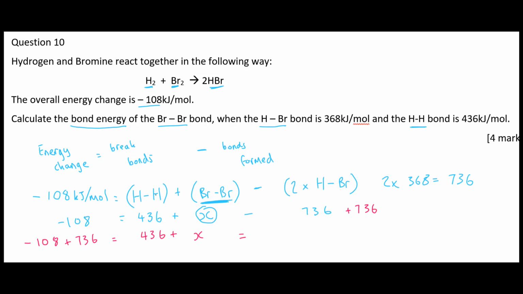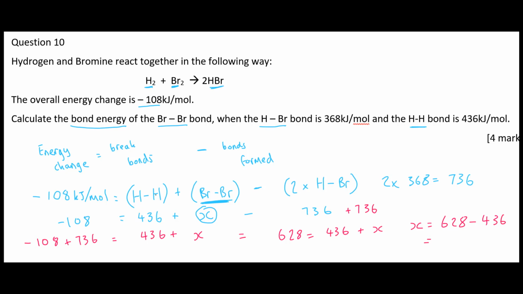And that would give us 628 being equal to 436 plus x. Now to find the value of x, we just do 628 minus 436.